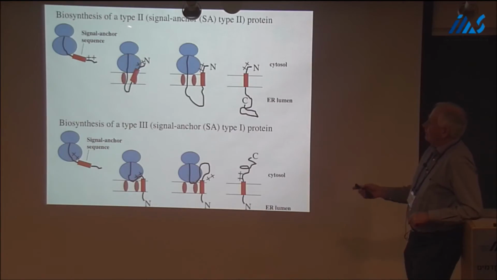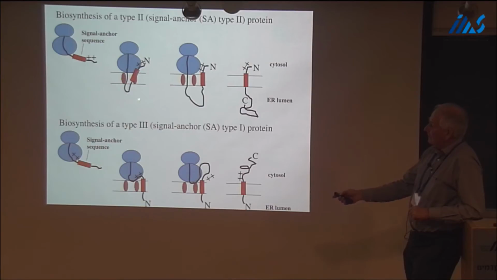So the next class of proteins is called type 2, or some people call it single anchor type 2 protein. In this case, you have at the N-terminus a hydrophobic segment, but it's longer than a cleavable signal sequence. So these are non-cleaved hydrophobic segments. But you also have, like in the case of a signal sequence, a positively charged N-terminus.